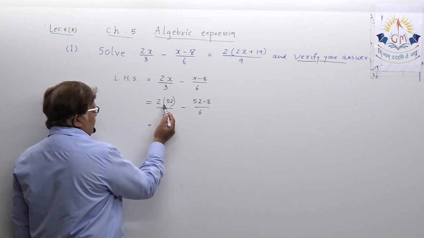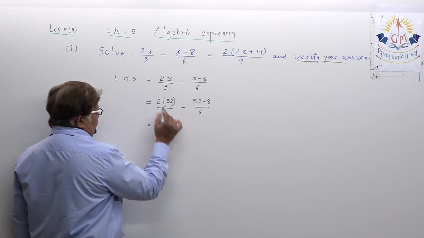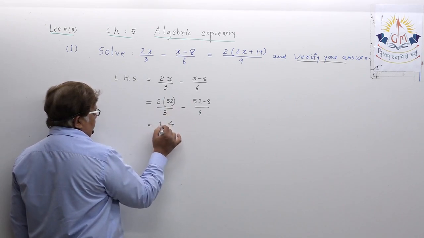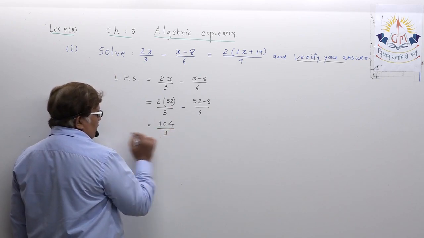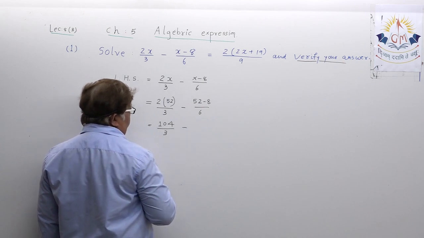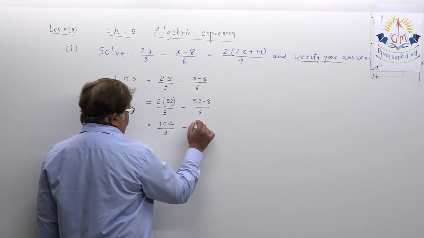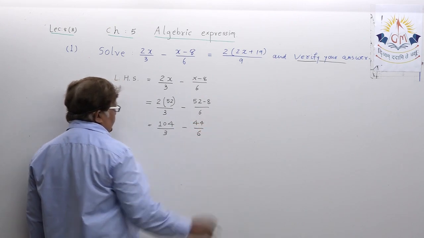Here no cancellation, so just multiply. 2 twos are 4, 2 fives are 10, upon 3. Okay, minus 52 minus 8. So it would be 44, you understood, upon 6.